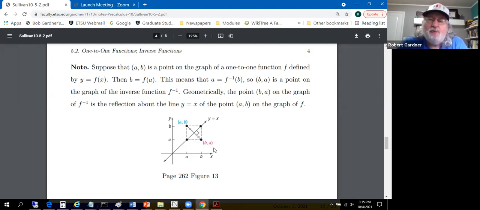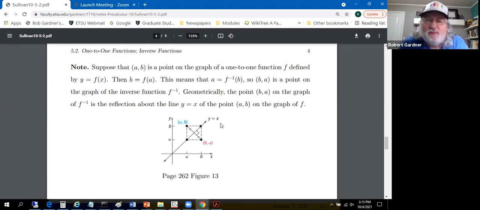Geometrically, these two points are related to each other as follows. If you'll draw the line y equals x and reflect this point (a, b) about the line y equals x, you'll get the point (b, a). And similarly, if you'll reflect the point (b, a) about the line y equals x, you'll get the point (a, b). They're reflections of each other about the line y equals x.